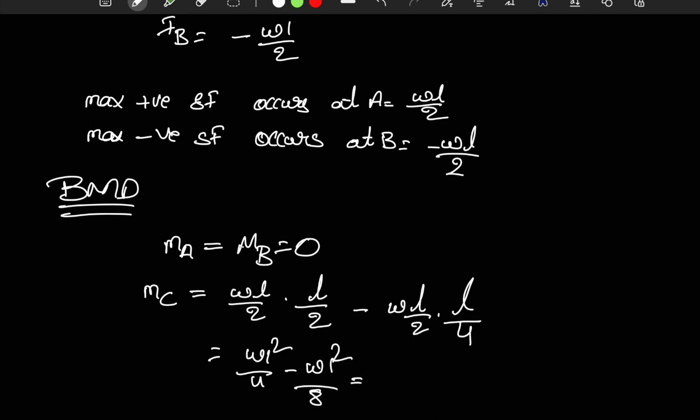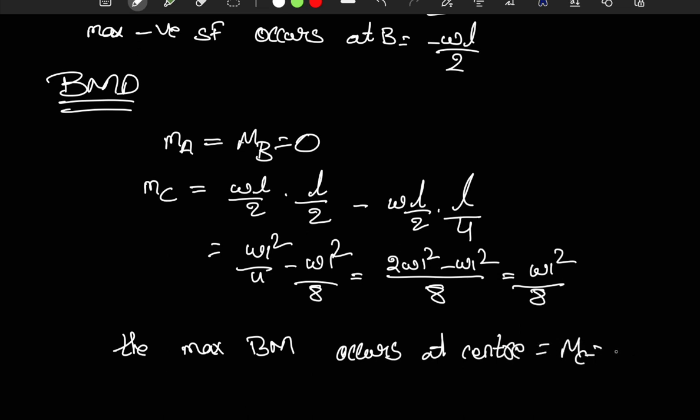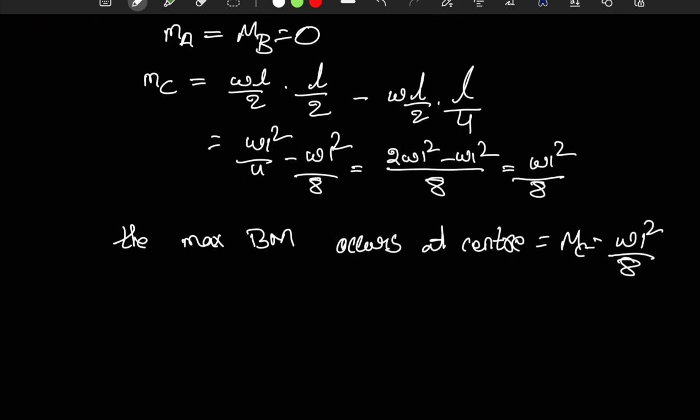Taking the LCM, we get 2 WL square by 8 minus WL square by 8. The maximum bending moment occurs at the center: MC is equal to WL square by 8.